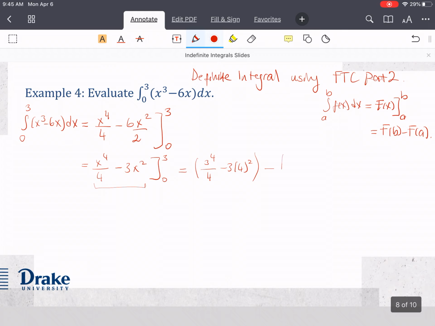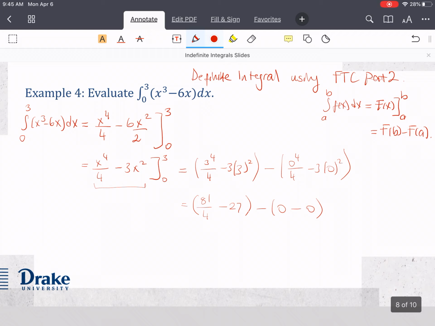Minus F of 0, which will be 0 to the 4th over 4 minus 3 times 0 squared. 3 to the 4th is 81, so 81 over 4, minus 3 times 3 squared, which is 27, minus 0 minus 0.